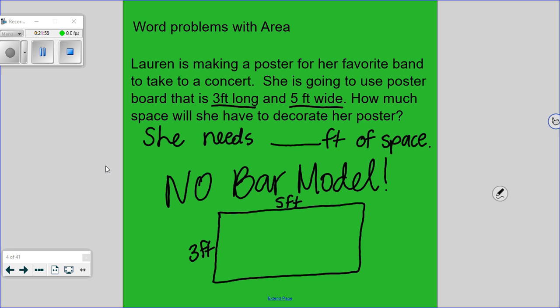So there would be 3 rows of, it's tricky to explain, 3 rows of blocks. Maybe. Kylie, what do you think? I think it was 3 rows of 5 blocks. Because the 5 feet would be on the other side too, and the 3 feet.